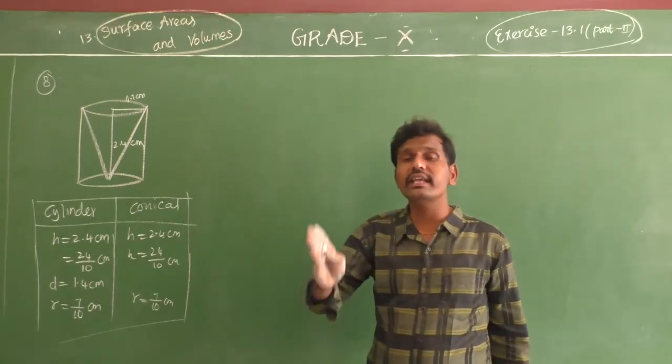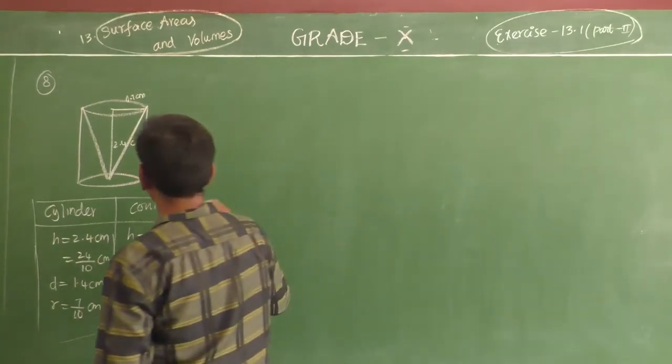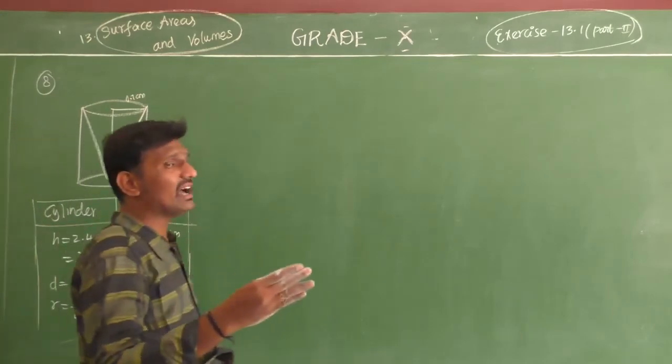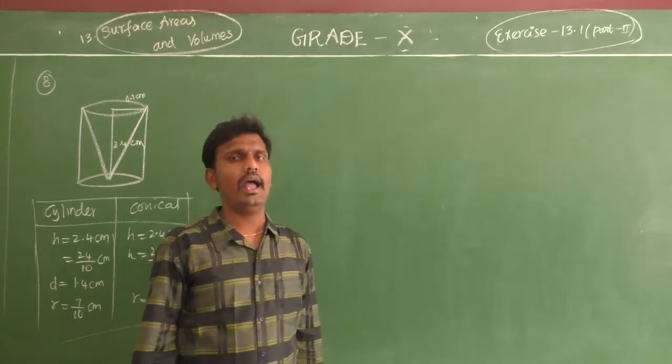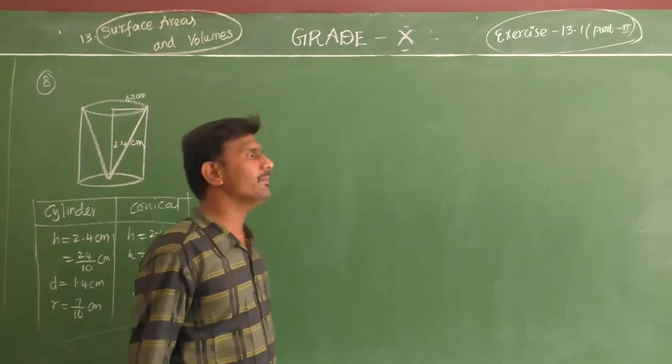That's why I am using TSA of a cone. Okay, fine. And before that, I am going to find the slant height. Why? Because in a cone you have CSA meaning pi r l and TSA meaning pi r into l plus r. Okay, yes, fine.